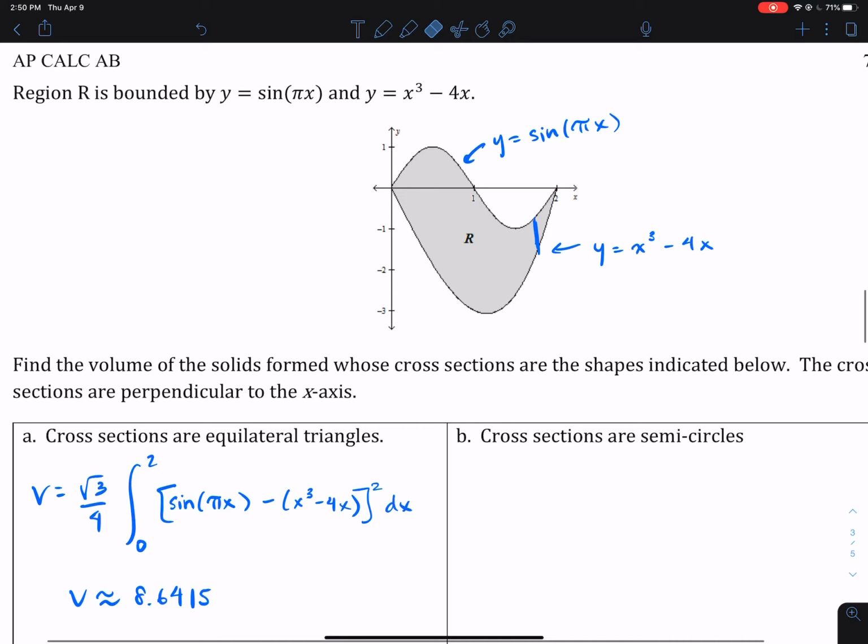Okay. So if the length of the base is f of x minus g of x, right? And that's going to be this piece, right? F of x minus g of x. Your height will be twice as long, right? It's a shape of a rectangle.